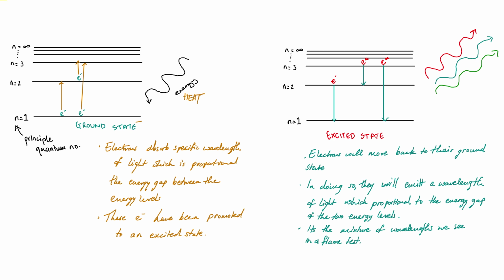And each element will have a specific pattern of electrons, which will always move up the same energy levels and drop down the same energy levels to get back to ground state. So that's really quite important, and therefore we get these fingerprints of each of these elements to help us identify them. So it's really quite a key thing that you need to be able to explain and understand, and I hope that makes sense of why it shows or proves that we have energy levels.